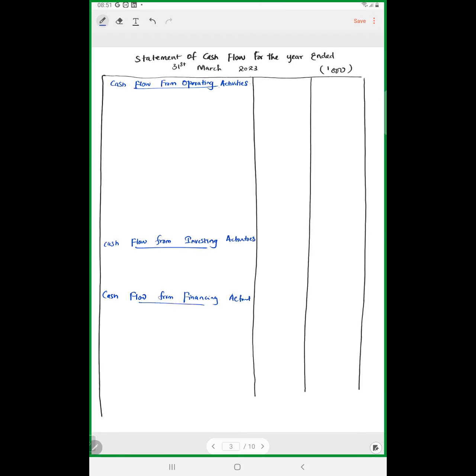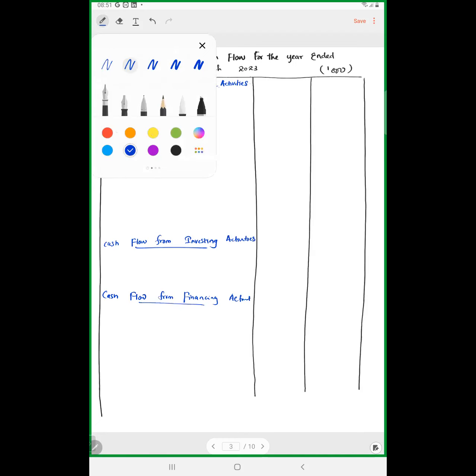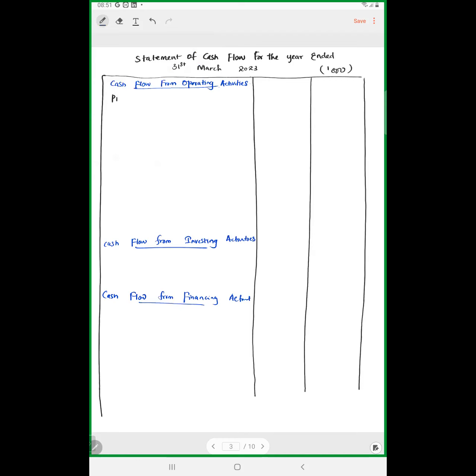Under the cash flow from operating activities, you remember, first thing is profit before tax. And then if there is any adjustment, it means a plus or minus adjustment.